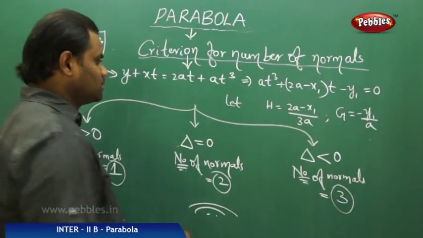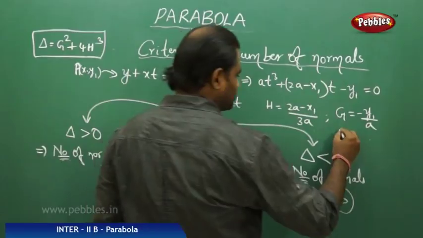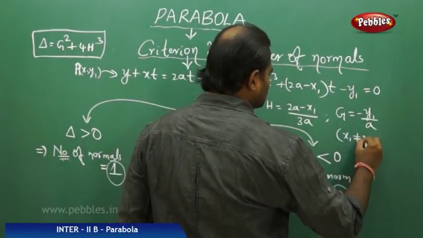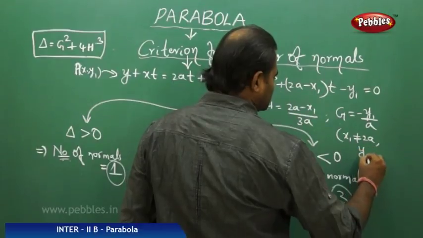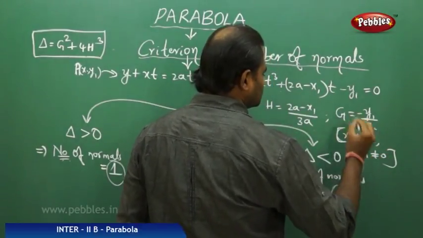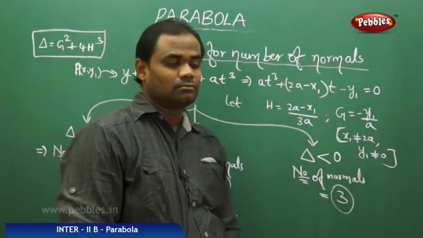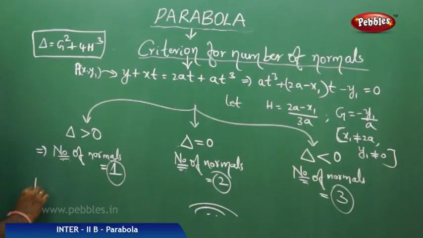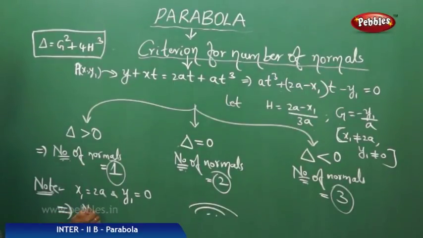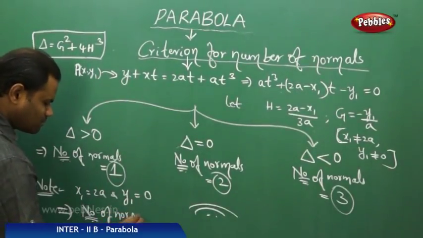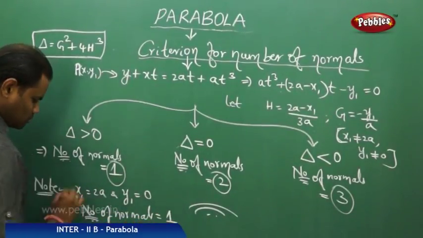Here, we assume that x1 is not equal to 2a and y1 is not equal to 0 in these cases. However, it is important to note that x1 equal to 2a and y1 equal to 0 implies the number of normals is an exceptional case equal to 1.